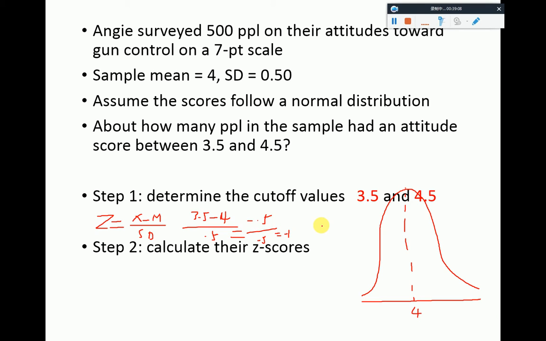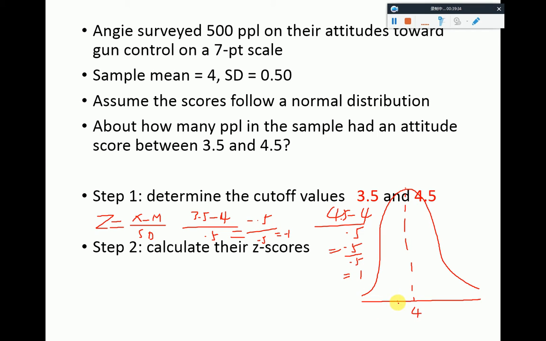And we calculate the second z value, that will be 4.5 minus 4 divided by 0.5, so that will be 0.5 divided by 0.5, that's exactly 1.